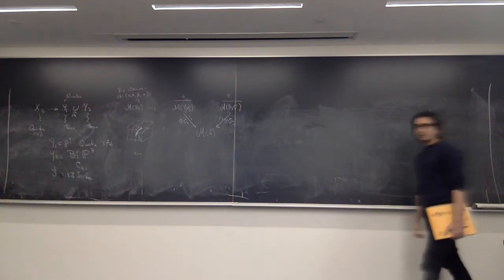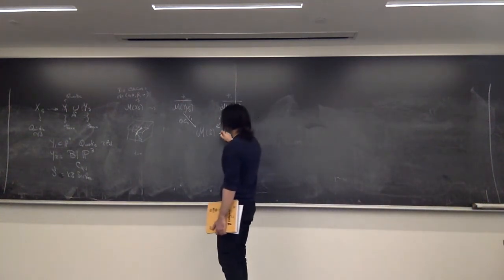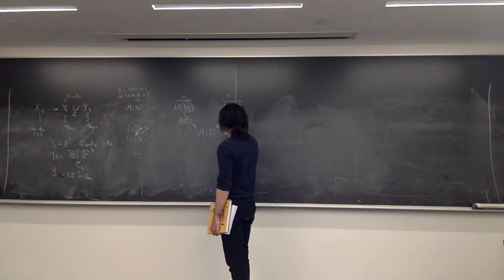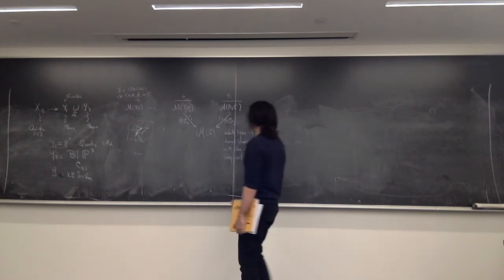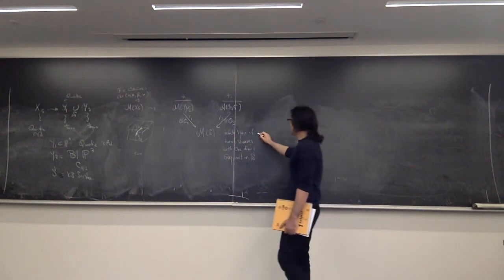Okay, so this was, for us, the moduli space of coherent sheaves with one-dimensional support on this divisor S. And stable also.